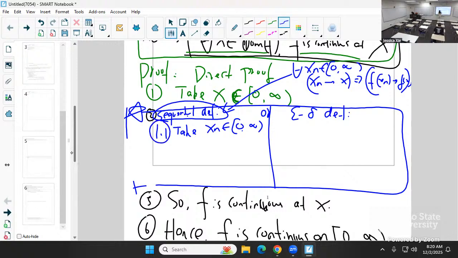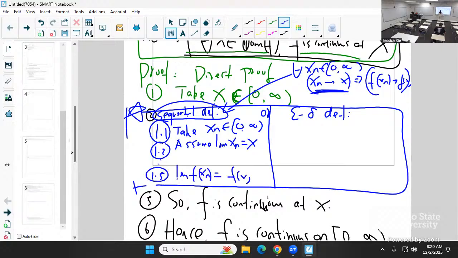Then 1.2, assume that the limit of xn equals x. So the condition is: let xn converge to x. And your final conclusion is to show that the limit of f of xn equals f of x. That's the key point. Assume this, and your goal is to show that. If you can do that, you are done.